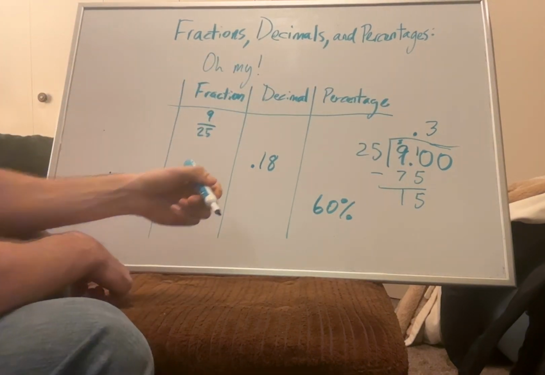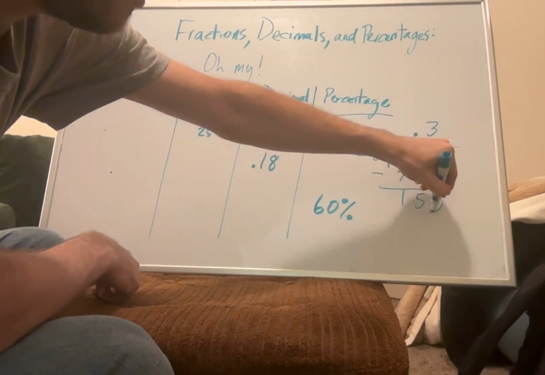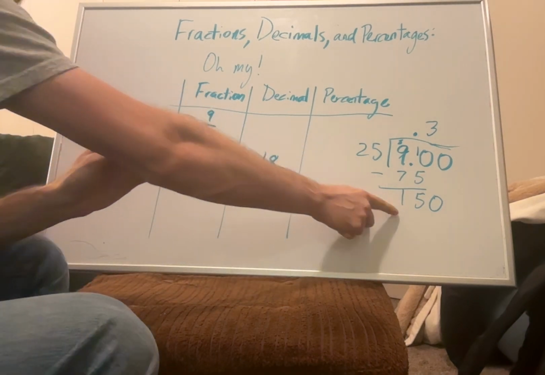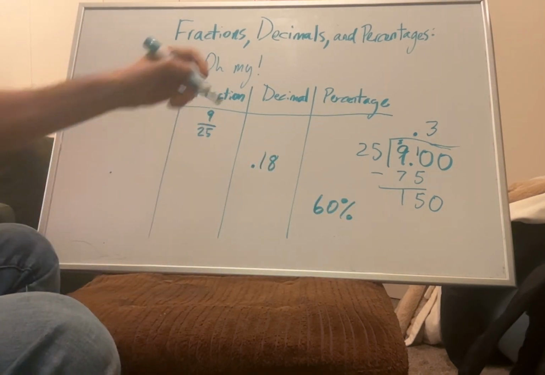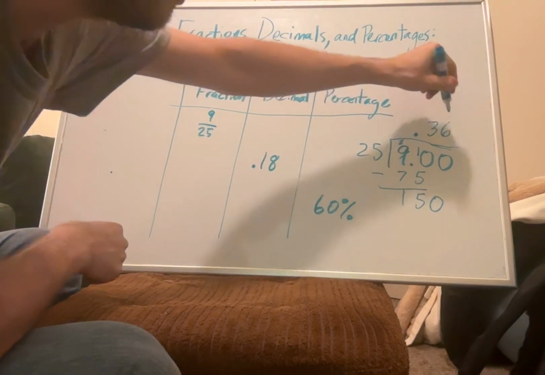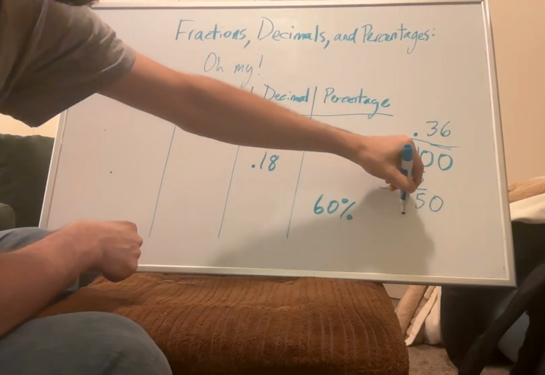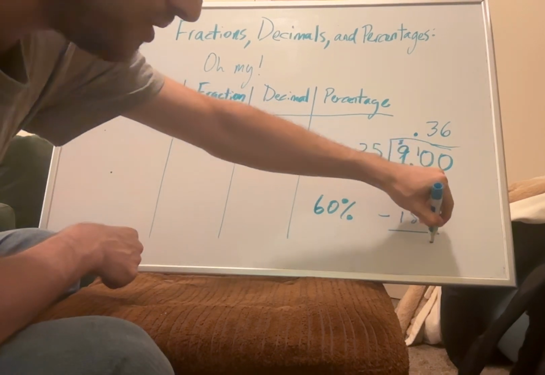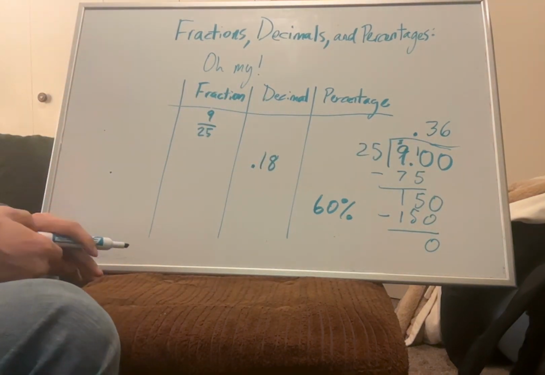So next, we'll bring down the 0 here. Now, next question is how many times does 25 go into 150? Well, that will be 6 times. So 6 times 25 is in fact 150. So that will leave us with our remainder of 0.